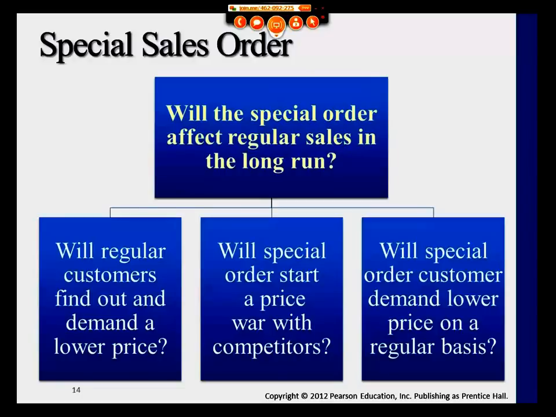Those questions are very important to answer before the decision is made. Will the special order customer demand a lower price on a regular basis? So once we give that lower price, am I going to expect it the next billing cycle? We're going to expect the same bill or not? All right.